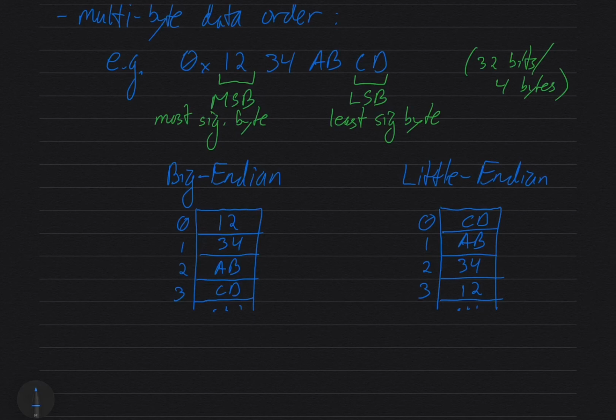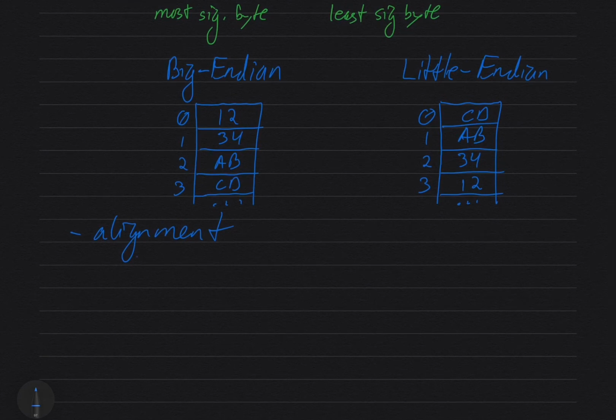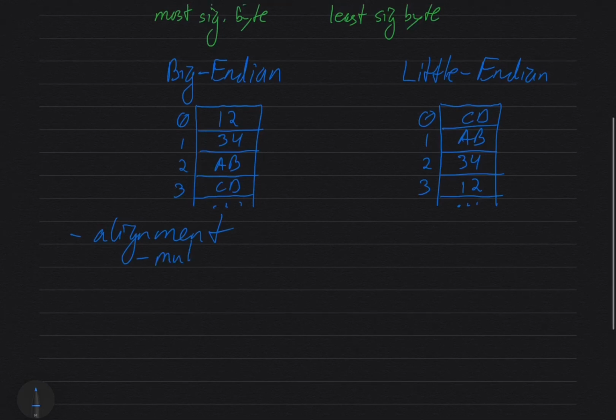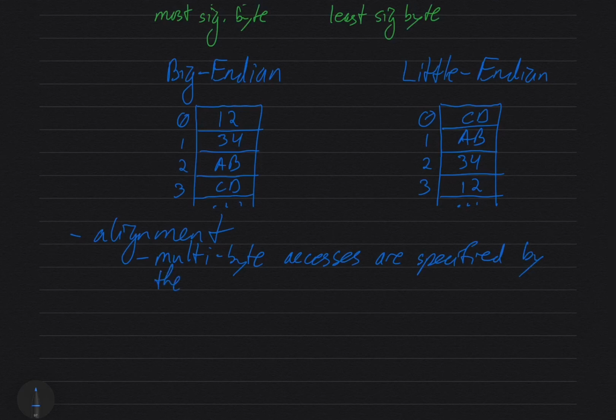Okay, so next we have alignment. Just first of all, multi-byte accesses are specified by the address of the first byte.